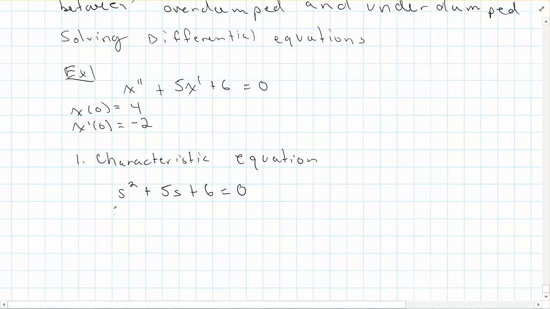And then what would you do? We'd factor this as s plus 3 times s plus 2 equals 0. And then we of course get s is equal to negative 3 and negative 2. So we have two distinct roots.